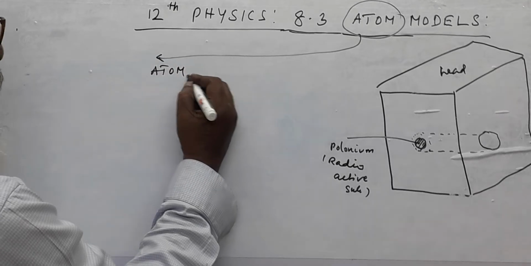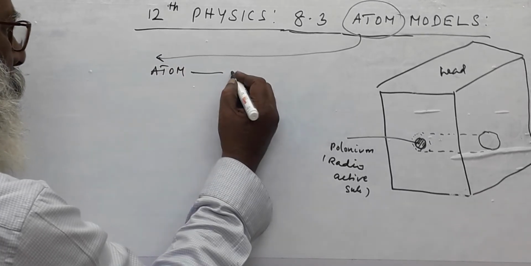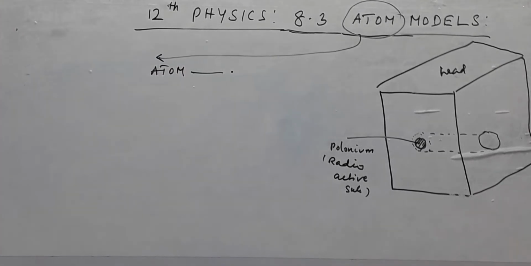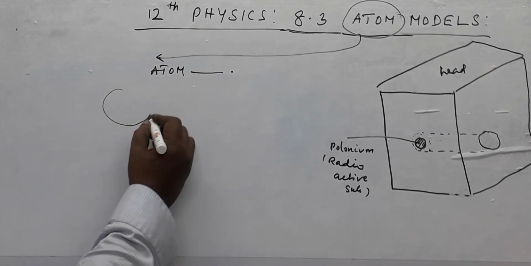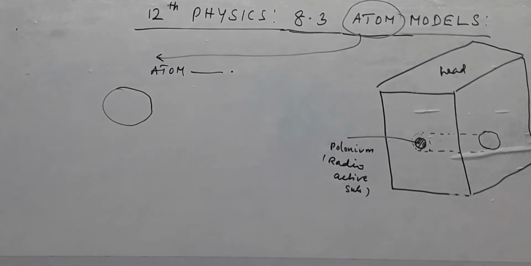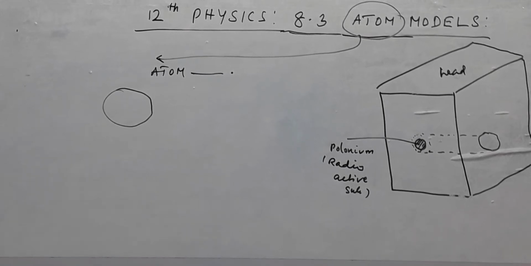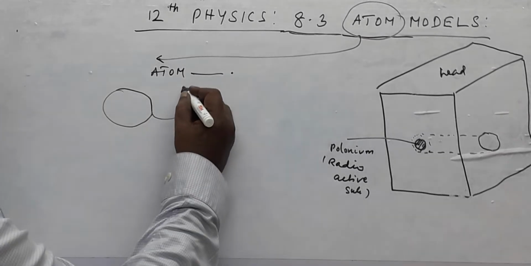An atom is nothing but a tiny particle. Suppose you consider any object, or every object: continued subdivision ultimately yields an atom.